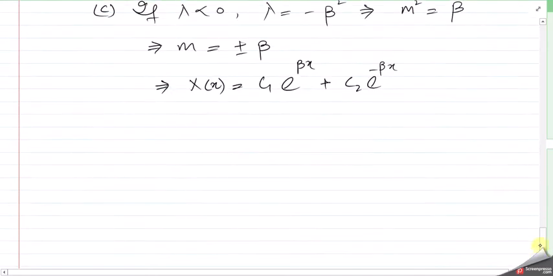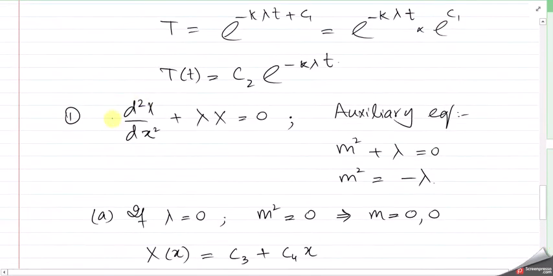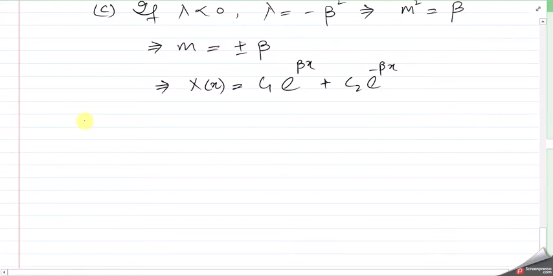So we have 3 answers for this equation, and there is 1 answer for T's equation. Now we are going to put them together. Our answer was u of x,t equals X of x and T of t.